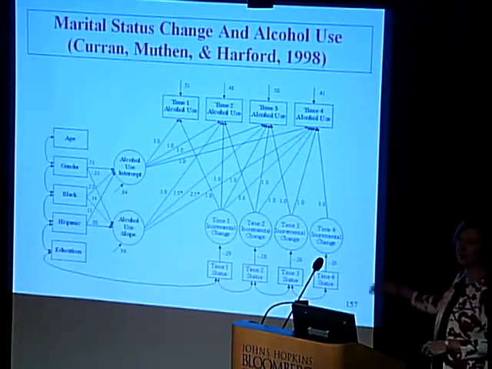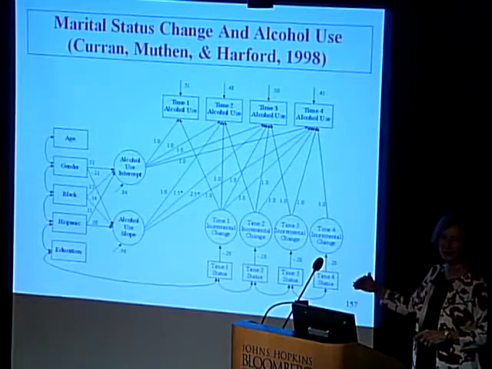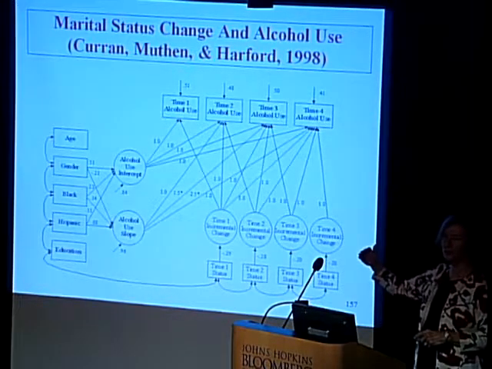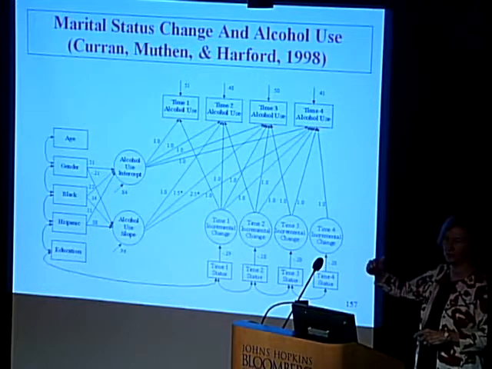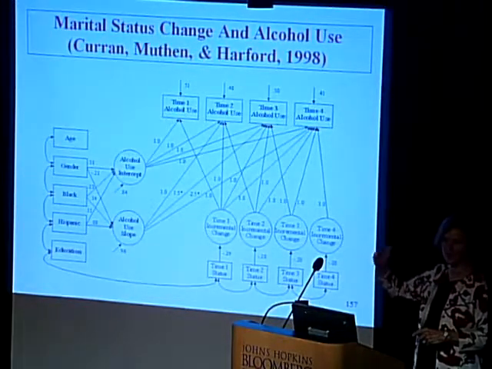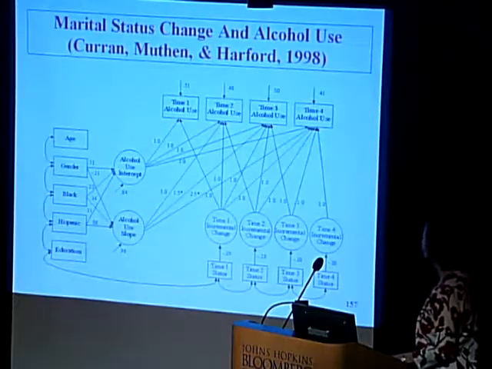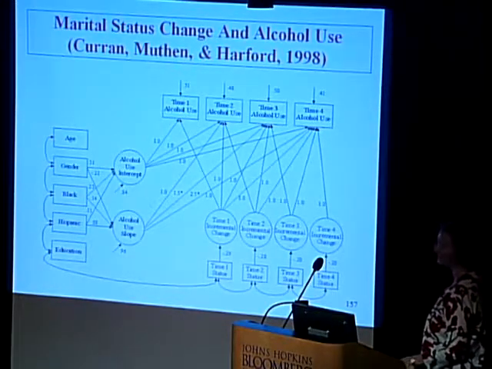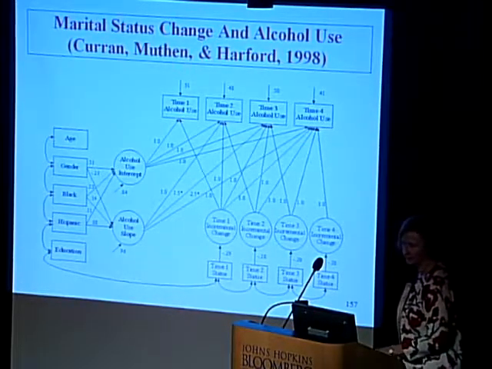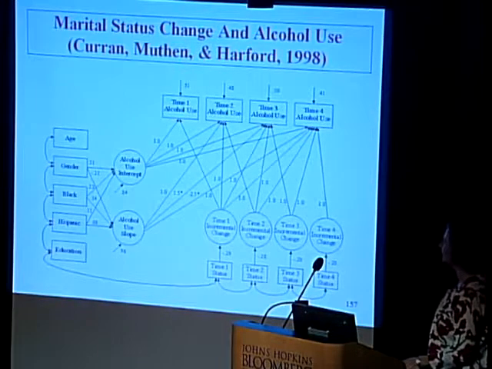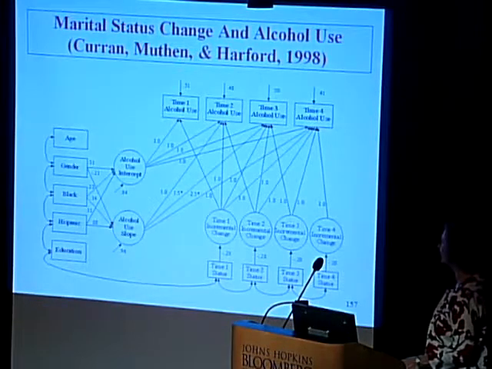And then we're going to relate those to the status variable, and that's going to lower the intercept for the people who have the status change. So it's going to affect the intercept growth factor for those people. So over here, we regress T1 on, let's say, S1. So T1 on S1, T2 on S2, T3 on S3, and T4 on S4.